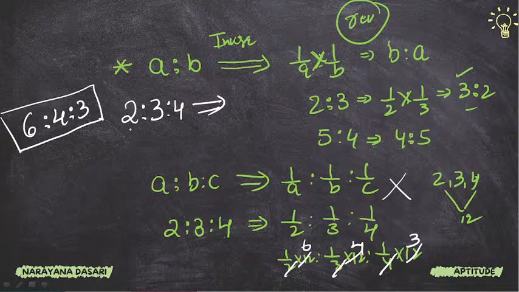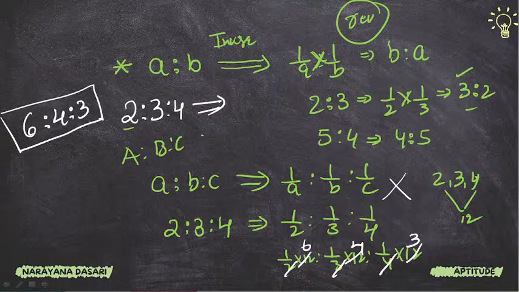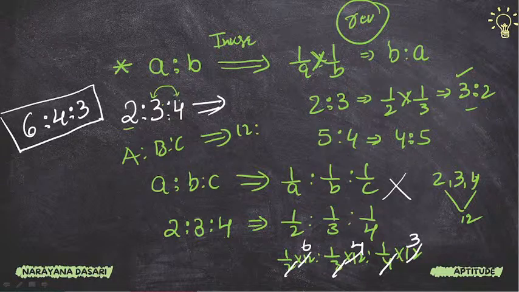If you want to find the first value, in A is to B is to C, the A value, just close the A and multiply the remaining two numbers. 3 4s are 12. If you want to find the B value, remove the B value and multiply the remaining two numbers. 2 4s are 8.